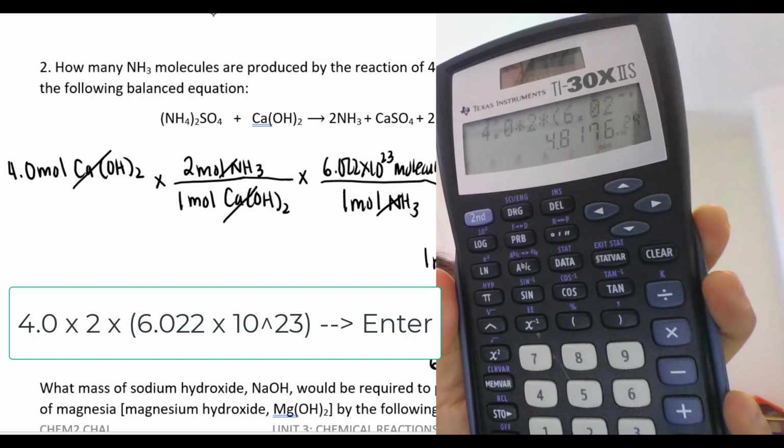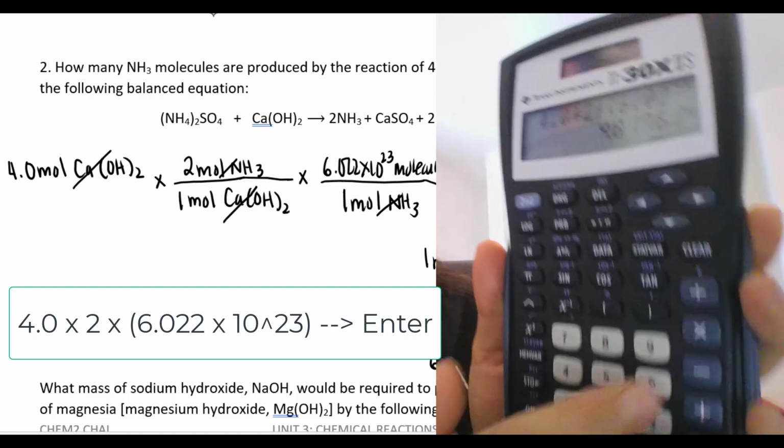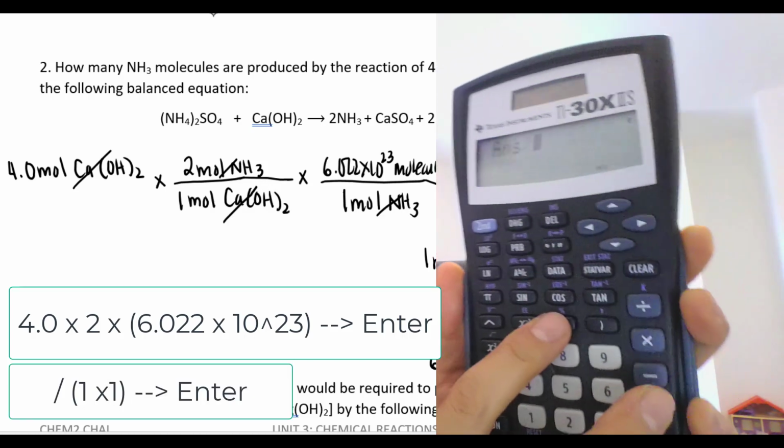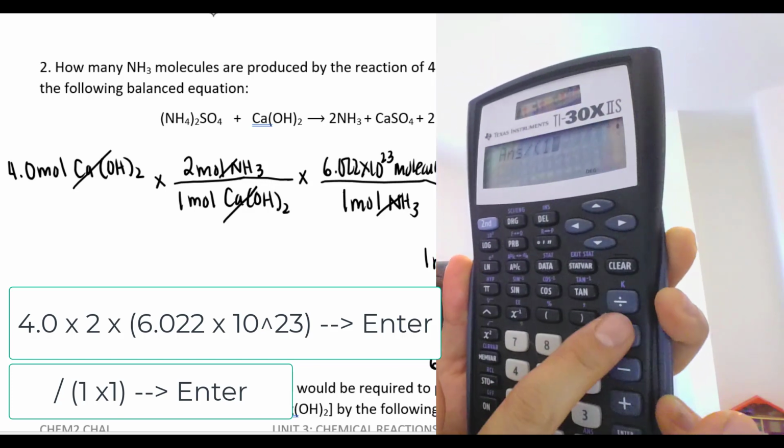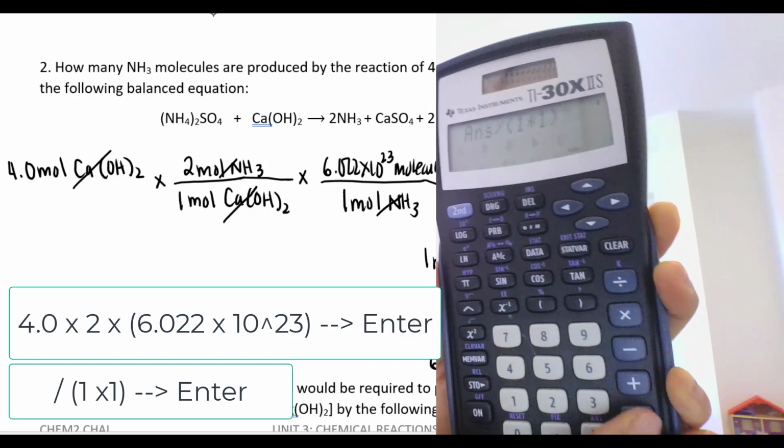After you hit enter, you take care of everything that's on the bottom. So divide by, open a parenthesis, 1 times 1, which should get you to the same thing.